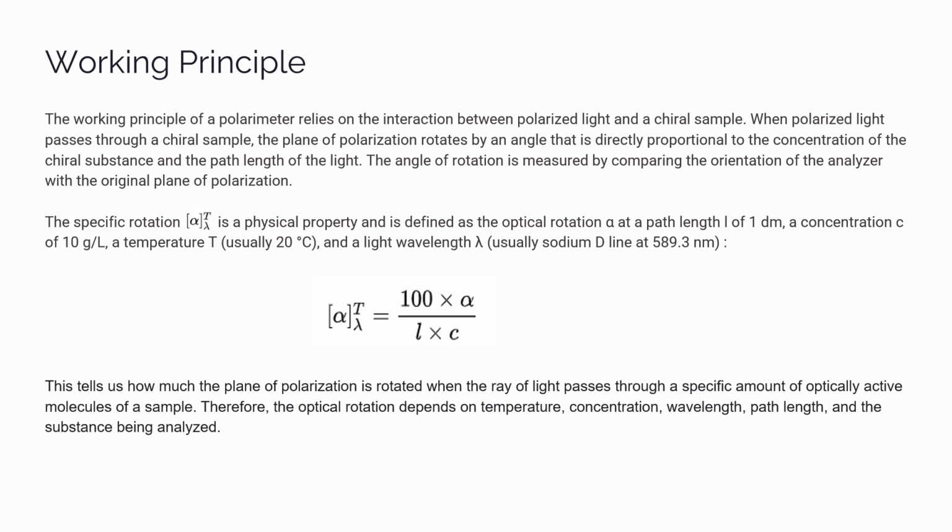So this allows us to quantify the optical activity of the substances. This tells how much the plane of polarization is rotated when the ray of light passes through a specific amount of optically active molecules of a sample. Therefore, the optical rotation depends on the temperature, concentration, wavelength, path length, and the substance being analyzed.